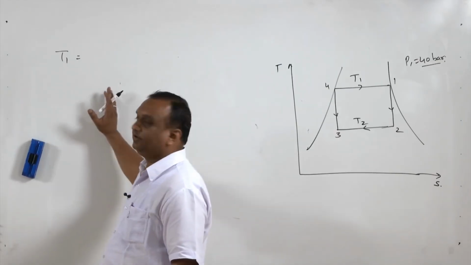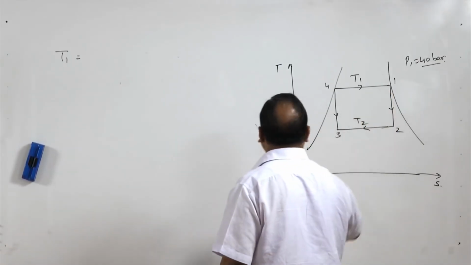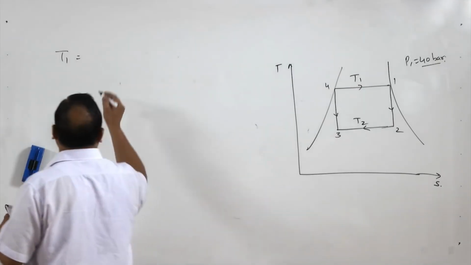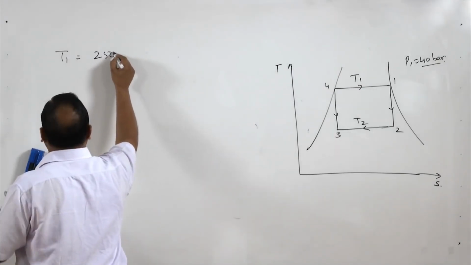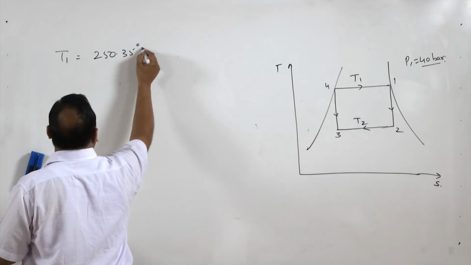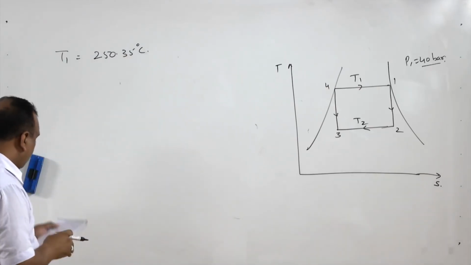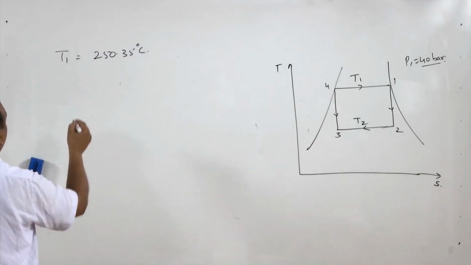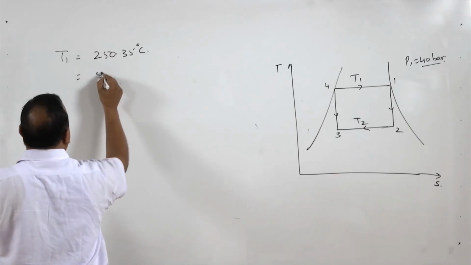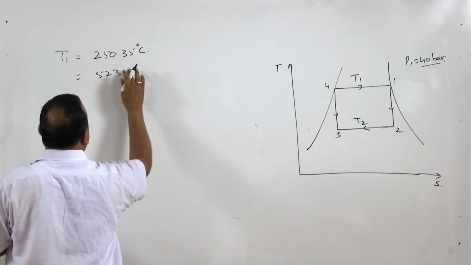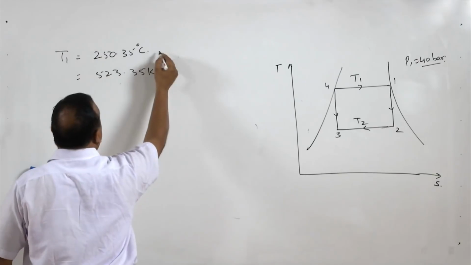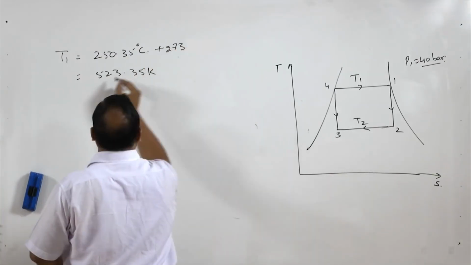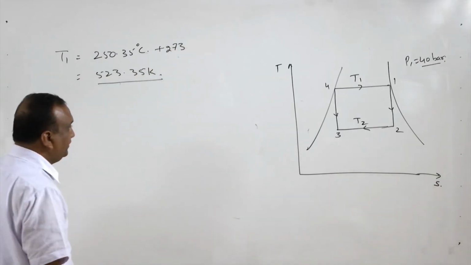From steam table there is a table for saturation properties, where for every pressure you will get the saturation temperature. So, from that steam table I have taken at 40 bar pressure, the saturation temperature is 250.35 degrees centigrade. Now, if I convert this into Kelvin, it is going to be 523.35 Kelvin, because you add 273, you will get temperature in Kelvin.